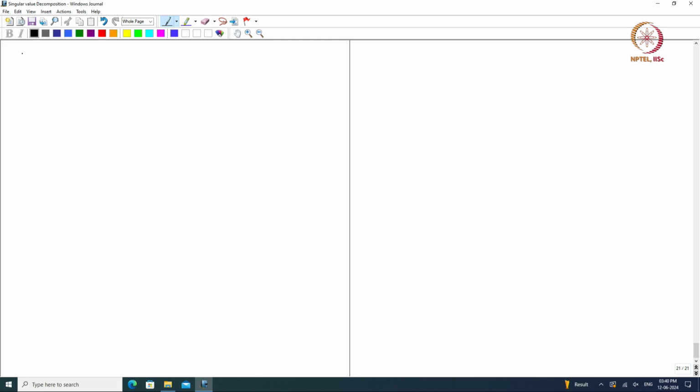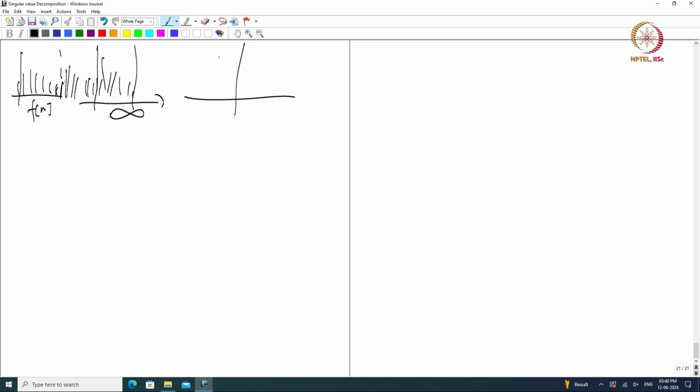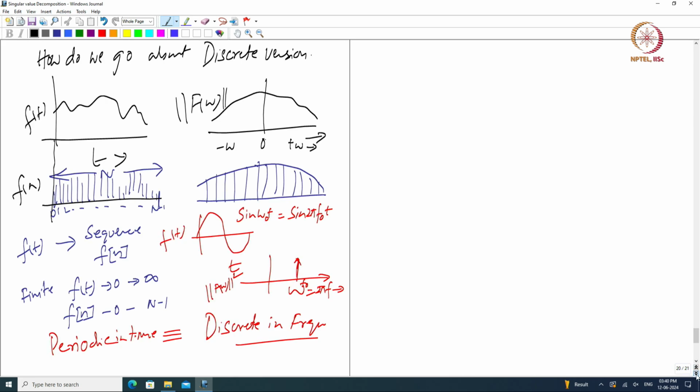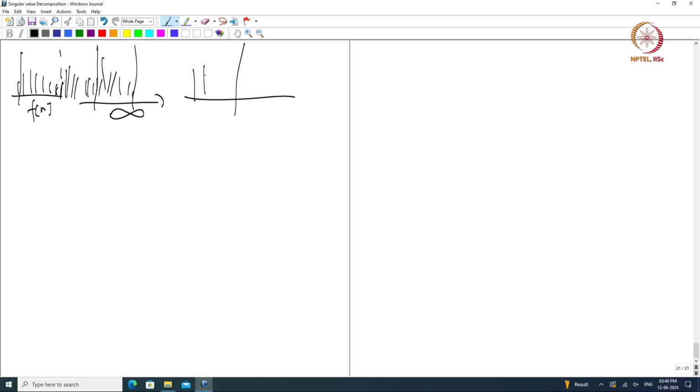What we do not do is the following. We had discrete sequence f of n. We suppose repeat this f of n all the way to infinity. I am now going to get discrete in frequency. In principle we do not do this, but if it is done you end up with this.